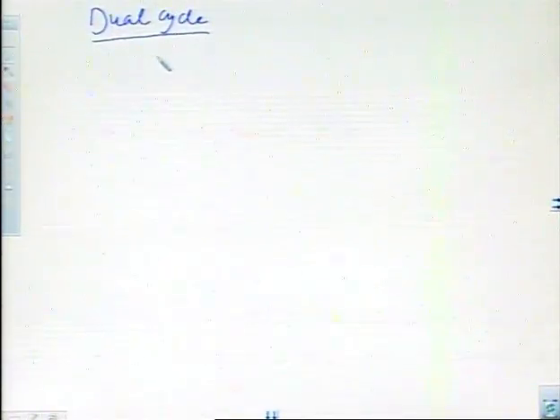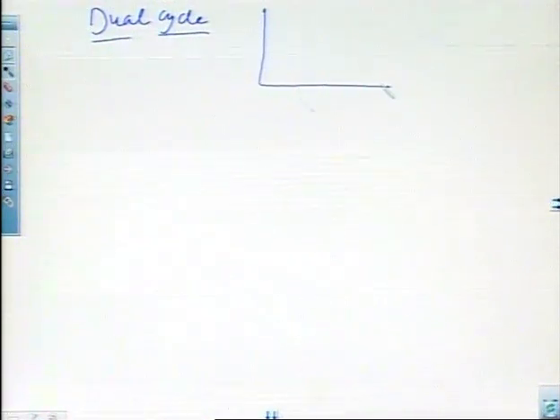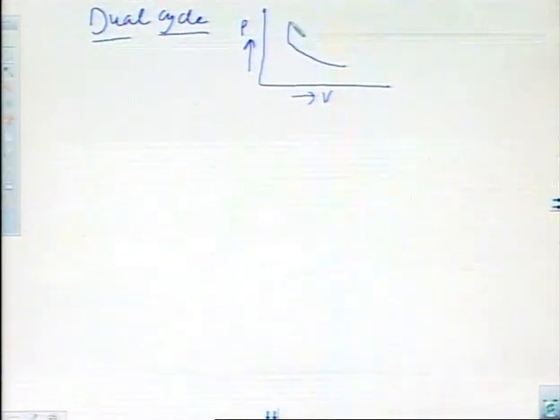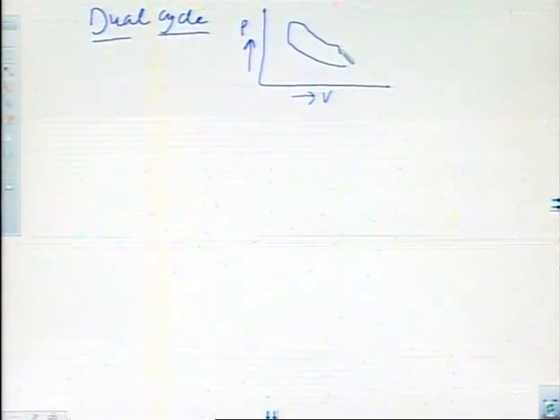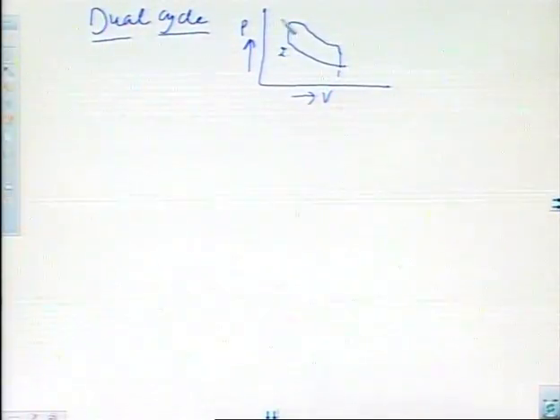In this cycle, if you draw a PV diagram on this, point 1, the compression process, heat is added and expansion, then heat is rejected. 1, 2, 3, 4 and 5.